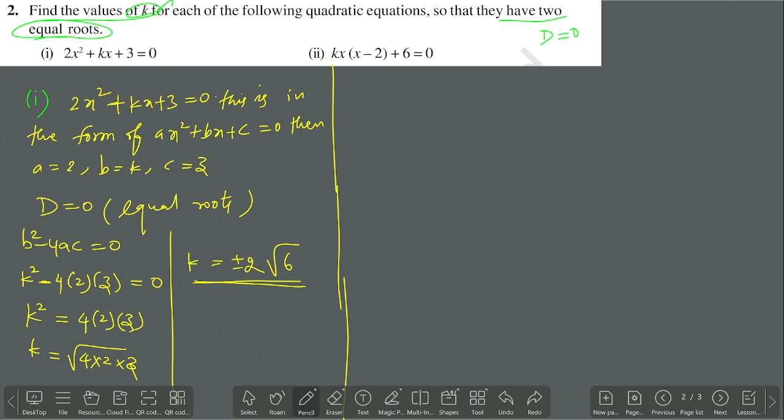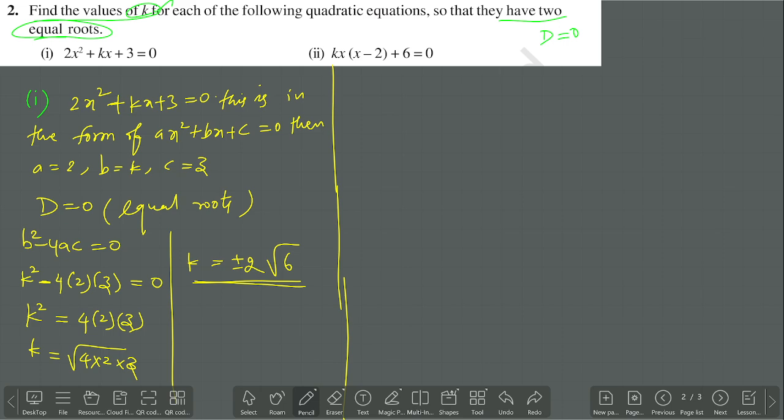This is okay because both are applicable. Whether it's satisfying or not, we can also check if you want to confirm your answer. Because you take plus 2 root 6 in one case, and minus in the other. In both you have to check whether we are getting equal to 0 or not.